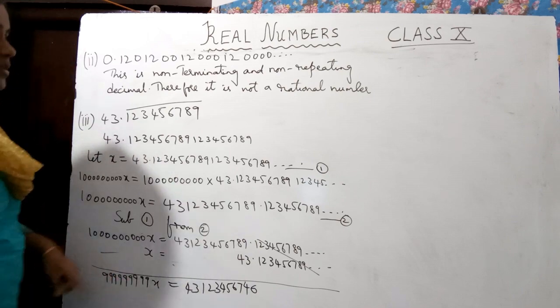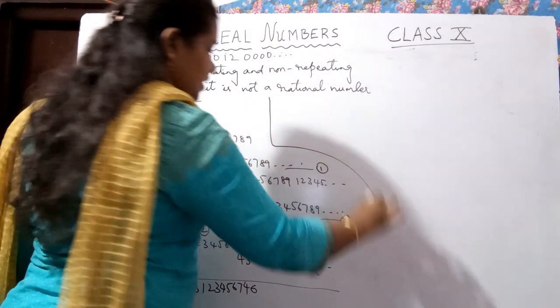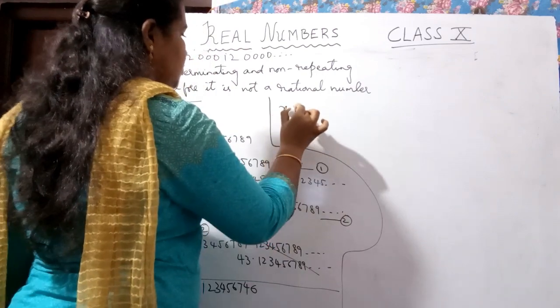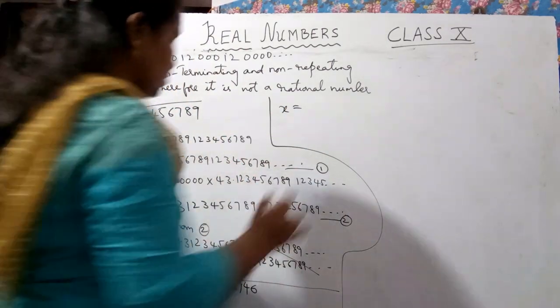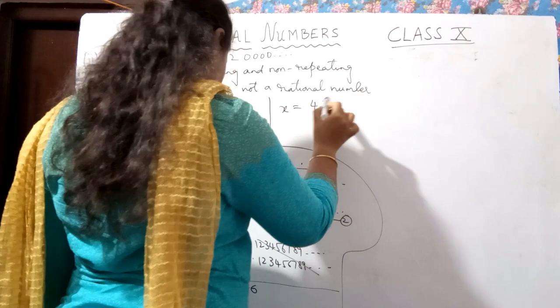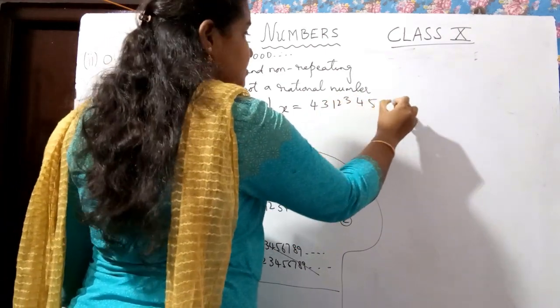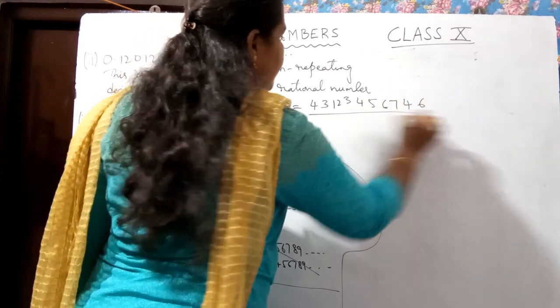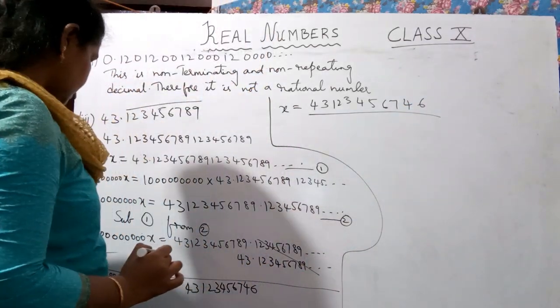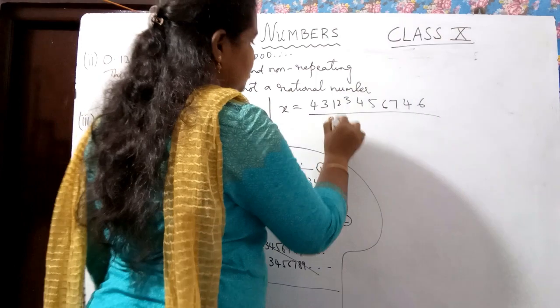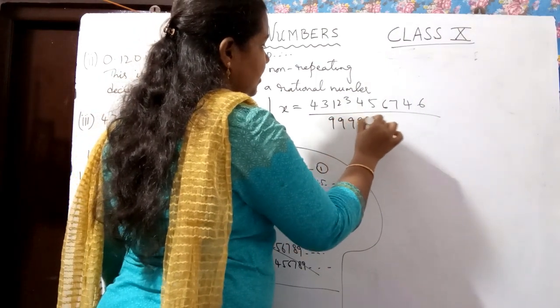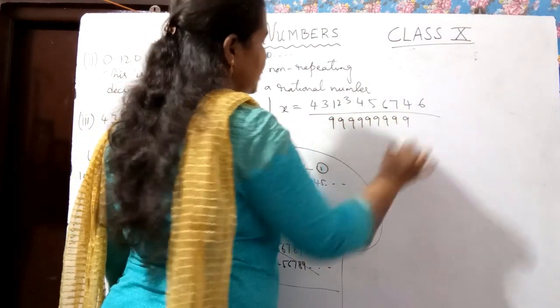x. So from this, what is the value of x? I can write the value of x as x is equal to 43123456746 by 9 nines, 123456789.